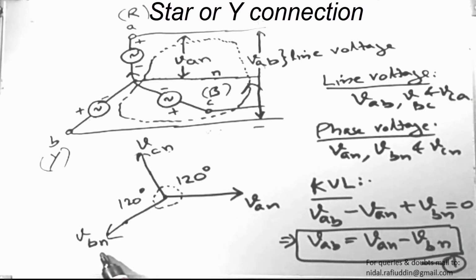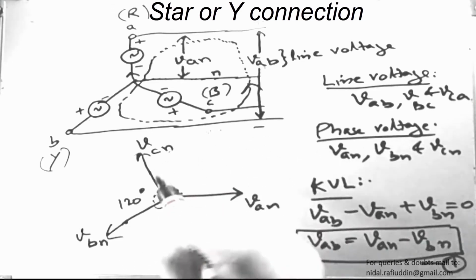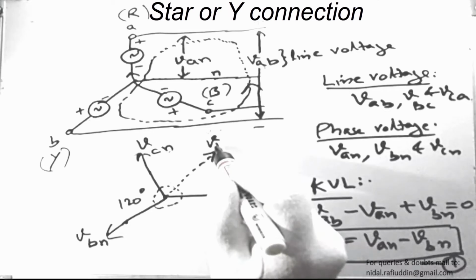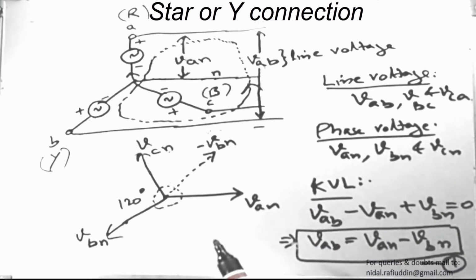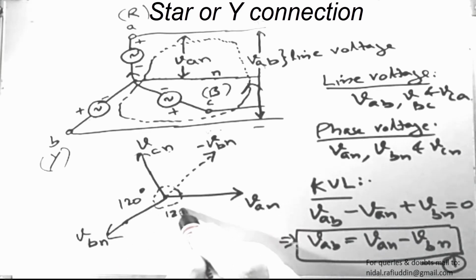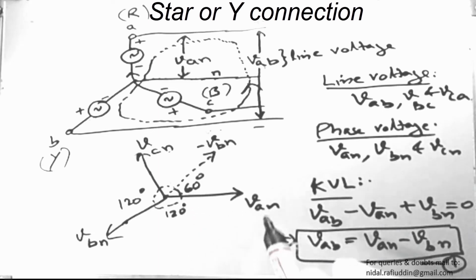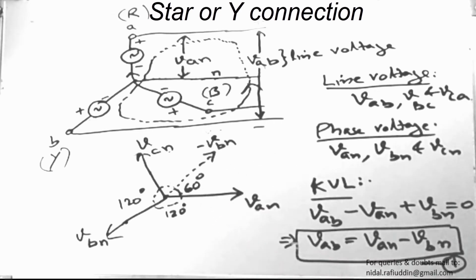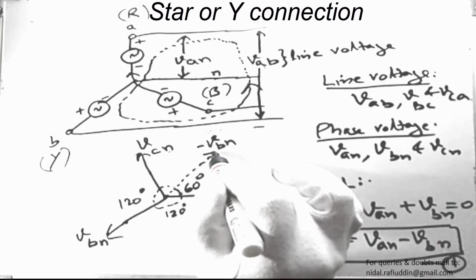So this is plus VAN, and minus VBN will be the phasor in the opposite direction of the same magnitude. So this is minus VBN. The angle between minus VBN and VAN: since the angle from minus VBN to plus VBN is 180 degrees, while this angle is 120 degrees, the angle we are left with is 60 degrees. So the angle between VAN and minus VBN is 60 degrees, and now we are interested in finding the line voltage VAB, which is the resultant of these two phasors, VAN and minus VBN. So let's find the resultant.